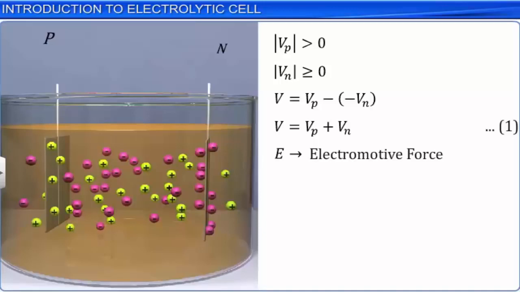Thus, E is equal to Vp plus Vn, which is greater than 0. Let this be equation 2. EMF is the short form of electromotive force. E actually represents potential difference, but was called electromotive force by the scientist who first used it, and the name continues to date.